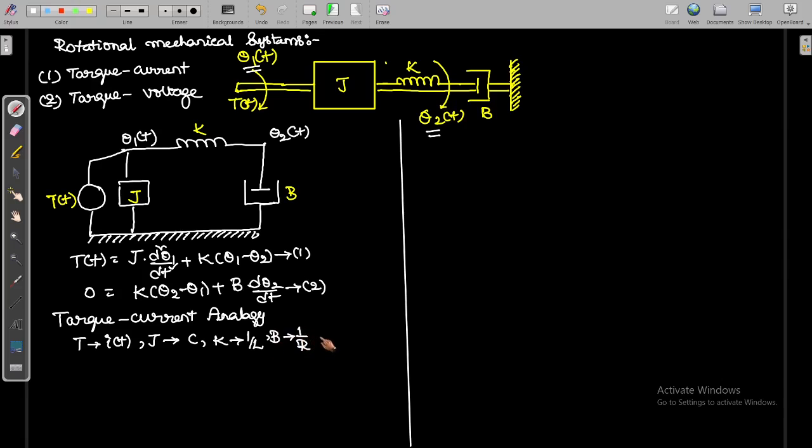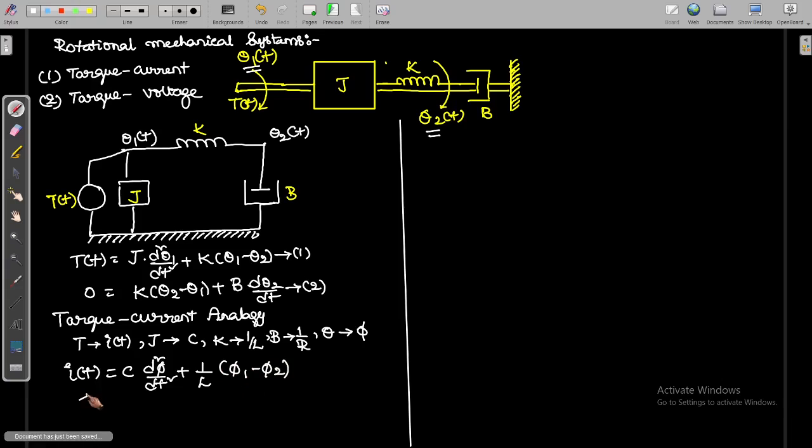The angular displacement theta is replaced with flux. So let us write all the equations here. T of t is replaced with I of t, J with the capacitor, giving d square phi by dt square, plus k replaced with 1 by L, and theta 1 replaced with phi 1 minus phi 2.